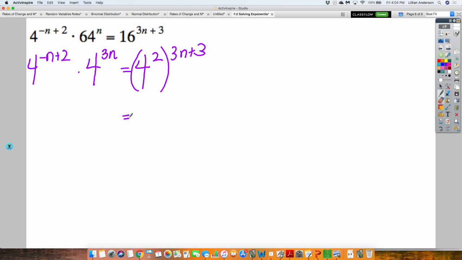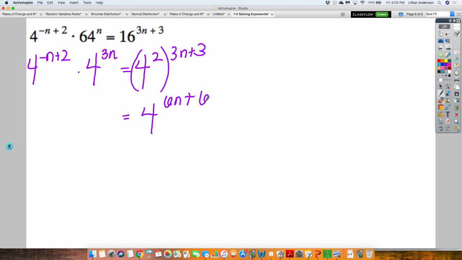It's a power to a power. So on the right side of the equal sign, I got to multiply. So what does my exponent on the right side become? 6n plus 6. And on the left side, I have to what? I have to add the exponents because the bases are being multiplied.